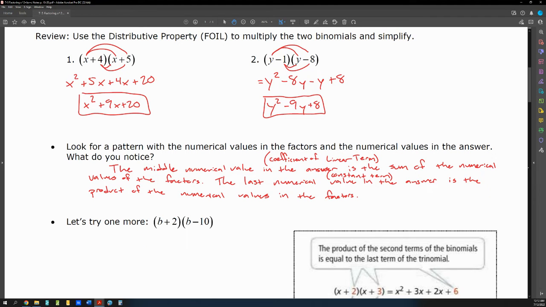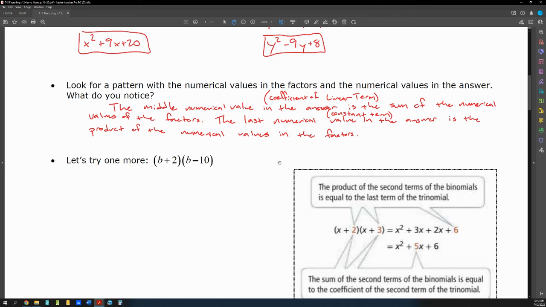The coefficient of the linear term and the constant term, this applies when you are multiplying a linear binomial times a linear binomial. Okay, so let's try one more.